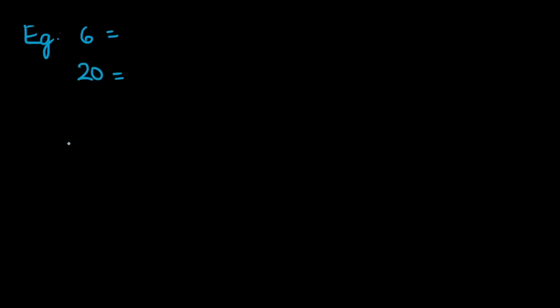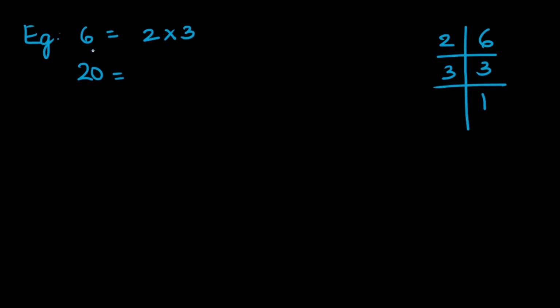Take 6 and 20 over here. To do the prime factorization of 6 and 20, 6 I have written here. I'll take 2 first. So 2 3s are 6, right? So 3 comes over here. Then 3 ones are 3, right? So we'll get the prime factorization as 2 into 3. 6 can be expressed in terms of primes. So 6 is a composite number.